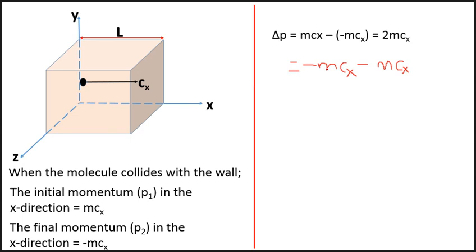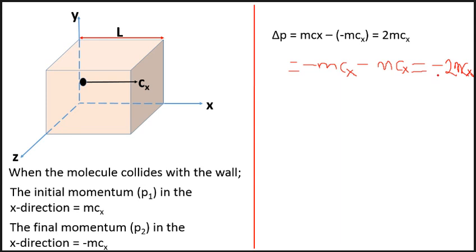Since the final momentum is minus mcx and the initial momentum is mcx, and I've said to find the change, we'll take the initial away from the final. So this will give me minus 2mcx.